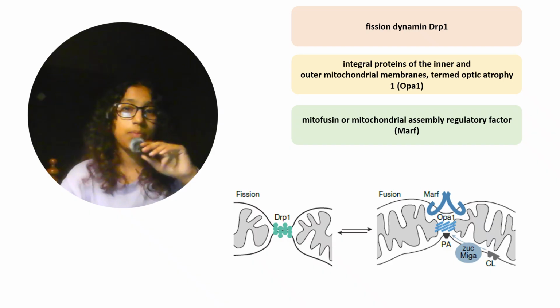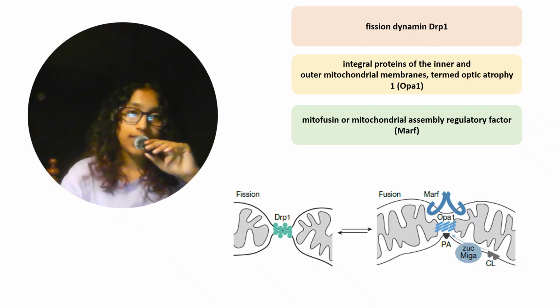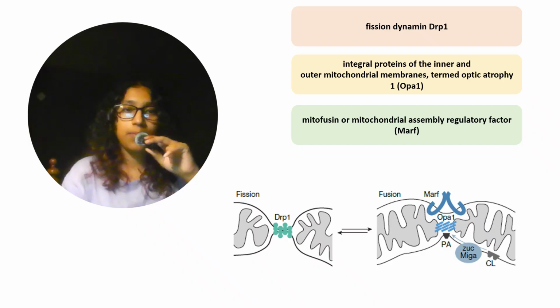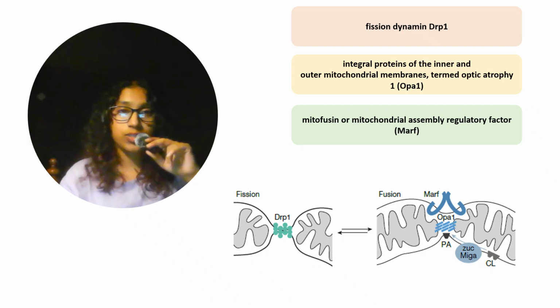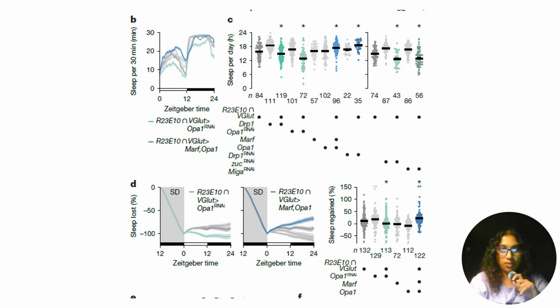And second comes the mitofusin or the mitochondrial assembly regulatory factor, which is the MARF. And this is the position, as you can see, where they are located in mitochondria, and it would help you understand better about their role in the fusion or the fission scenario. And now comes the graphical representation of this OPA1 and MARF.